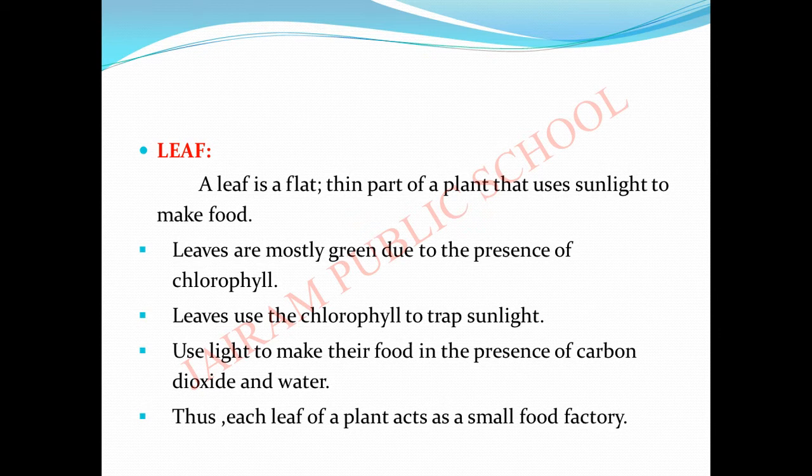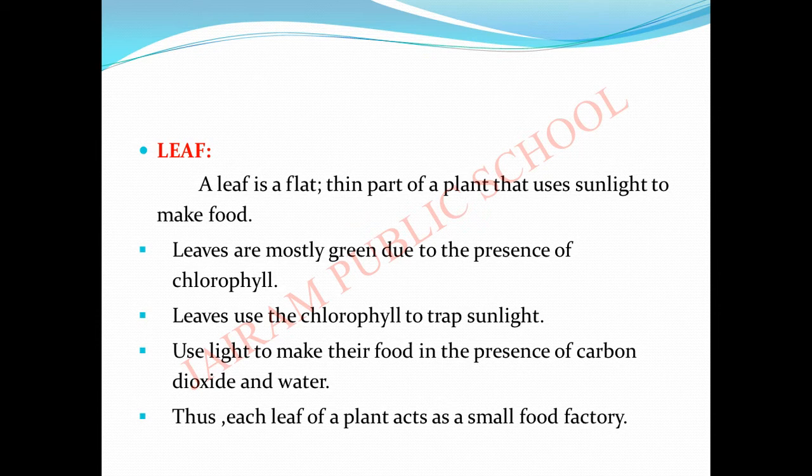Parts of a leaf. The flat area of a leaf is called the leaf blade or lamina. Lamina. The tip of the leaf is called the leaf apex. Apex.